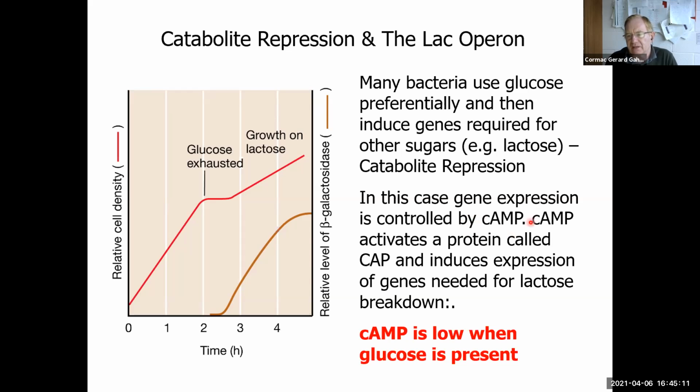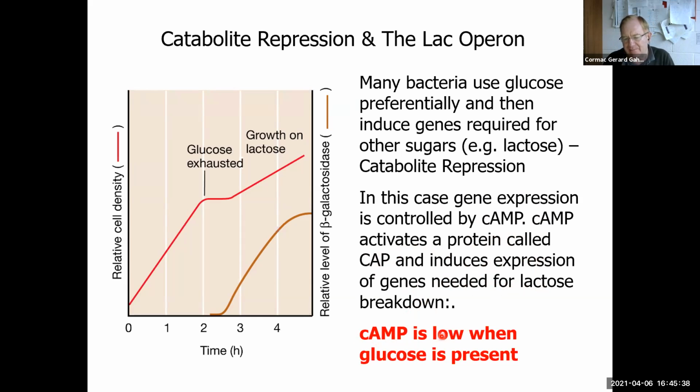What they found was that gene expression is controlled by a small molecule called cyclic AMP. That's a tiny little chemical in the cell, which activates CAP, and it induces expression of genes required for lactose breakdown. And this is the key thing here in red.